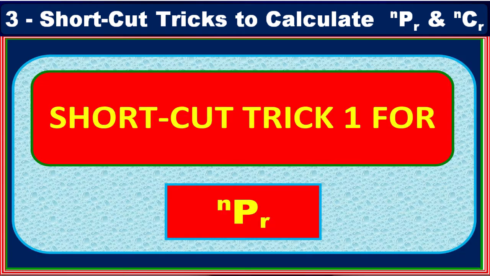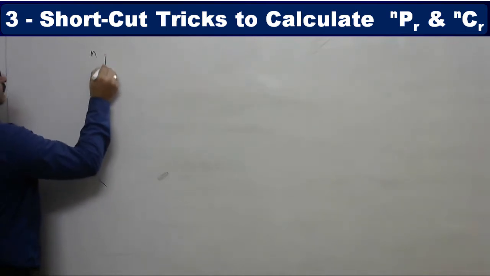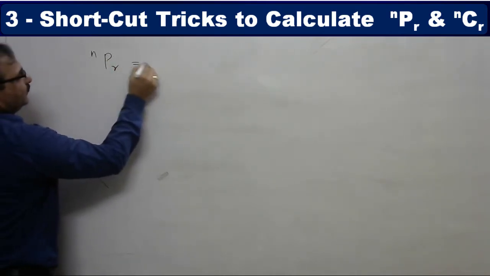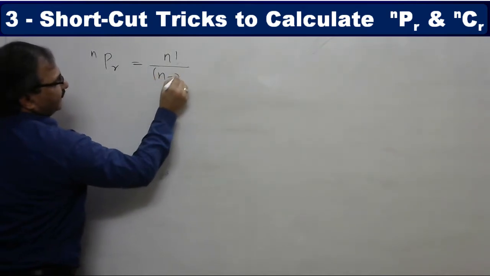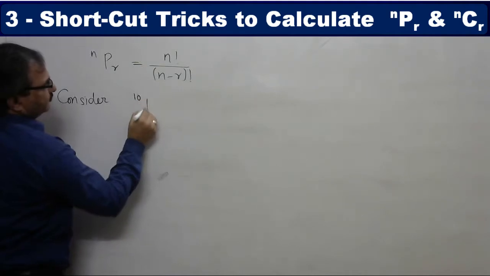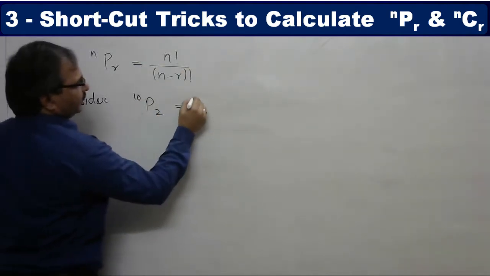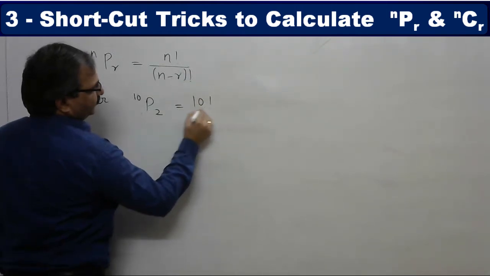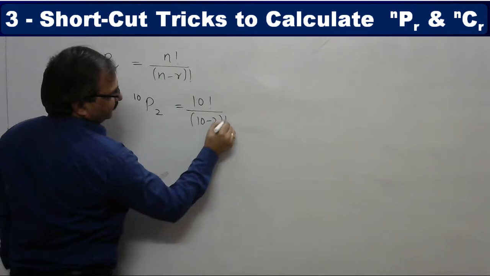So let us start with the first approach. Children, we know that the value of nPr is equal to n factorial upon n minus r factorial. Now consider 10P2, and by this formula it will be equal to 10 factorial upon 10 minus 2 factorial.